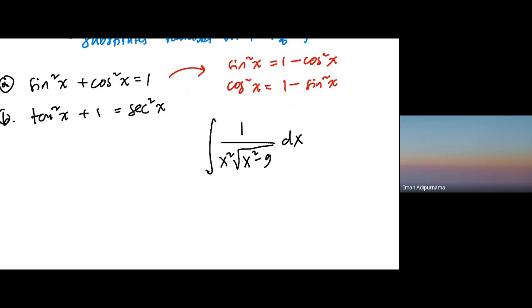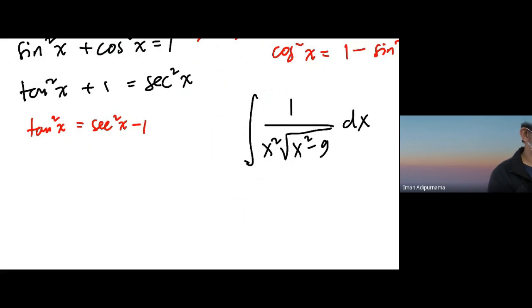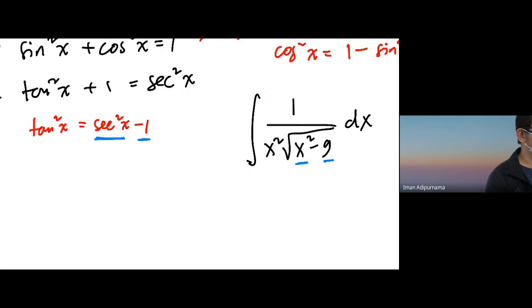This is a variable squared minus a constant, right? We know that tangent squared is secant squared x minus 1. So it starts to look similar. It has the square here, and it has a constant.